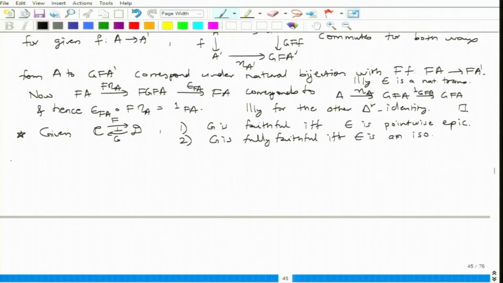So let's try to prove this statement. So given, we are trying to prove both of them in succession.